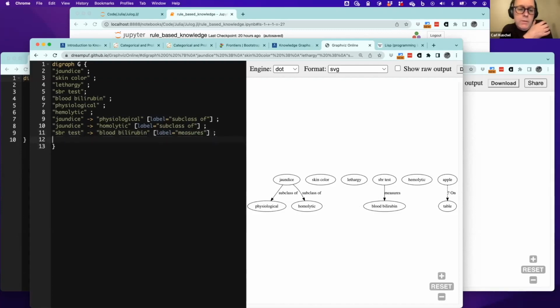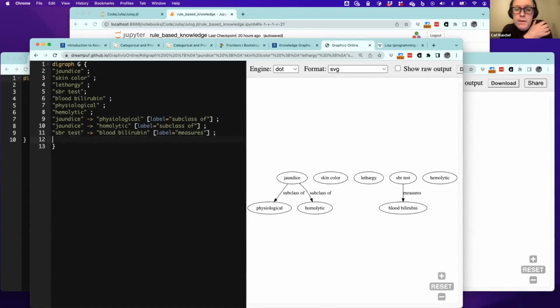So then, do we need a relationship between the jaundice and the SBR test, or between the test and the skin? So let me ask you this: what causes the skin color? That's the bilirubin. Okay, so then we say blood bilirubin, although I guess we'd really want to say elevated blood bilirubin, right?